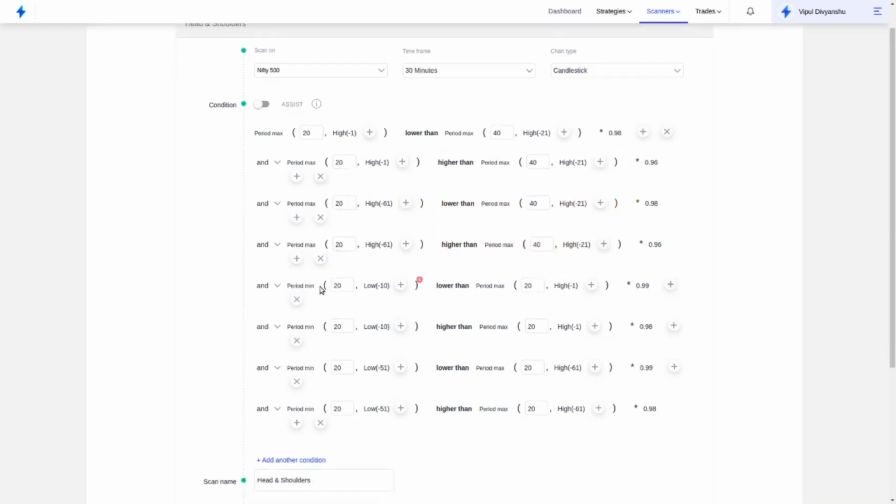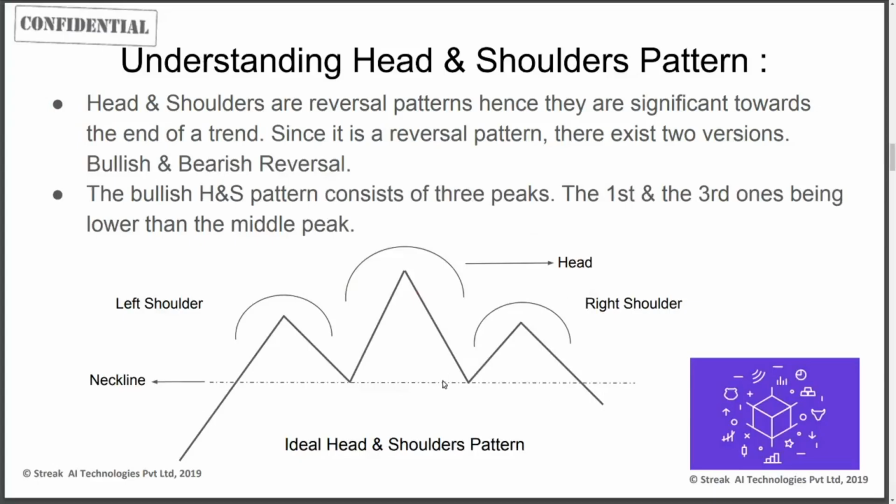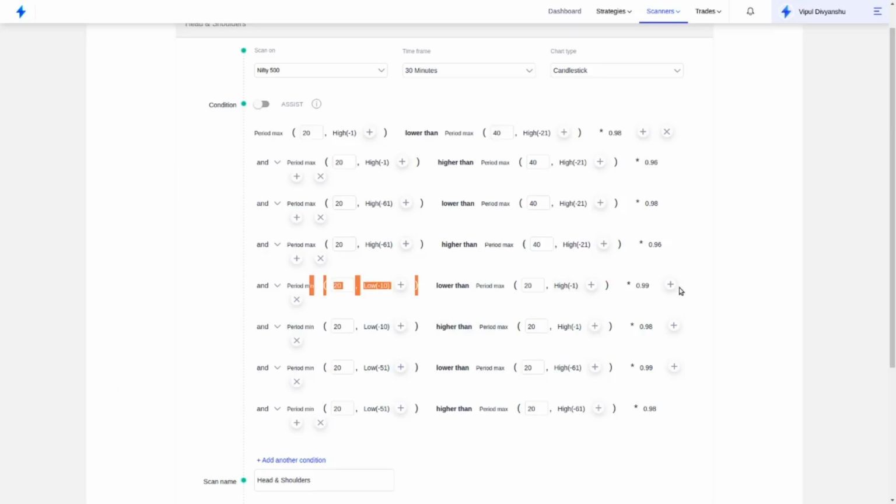Now, very interesting, in the previous scanner we only covered this right shoulder's low point, the point between the head and the shoulder, which is this one, and we didn't define a range for it.